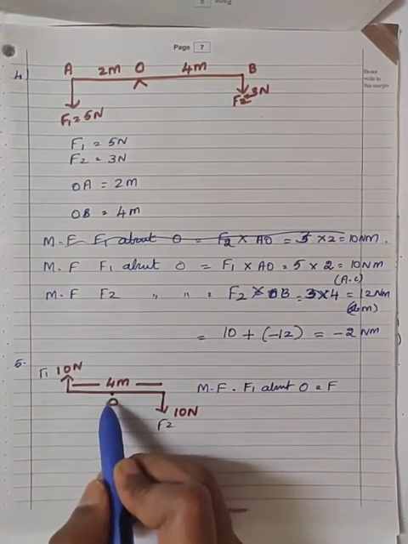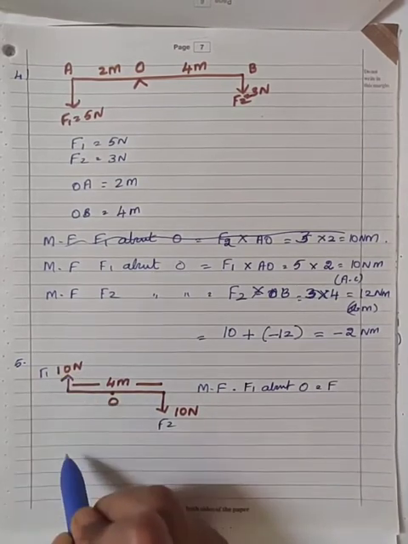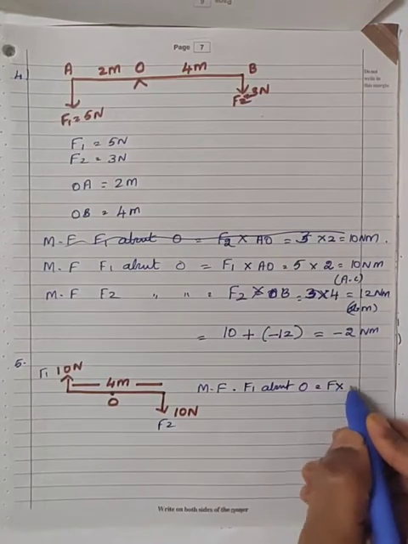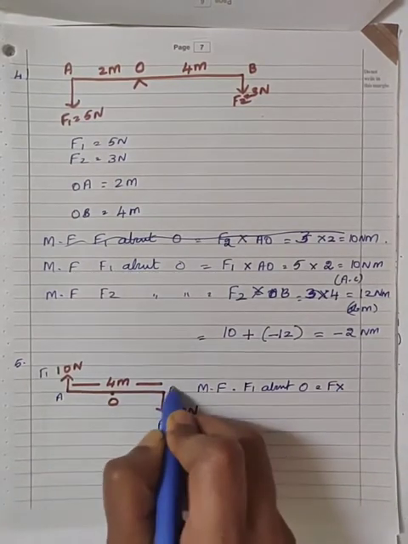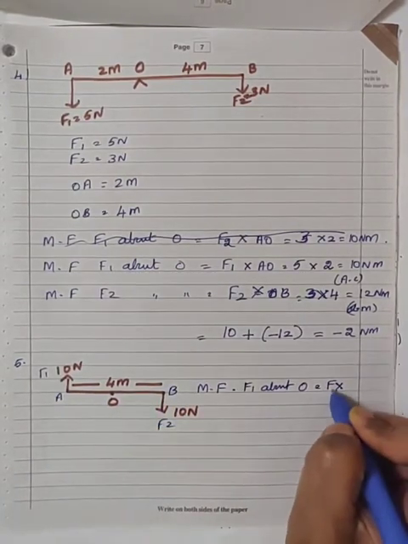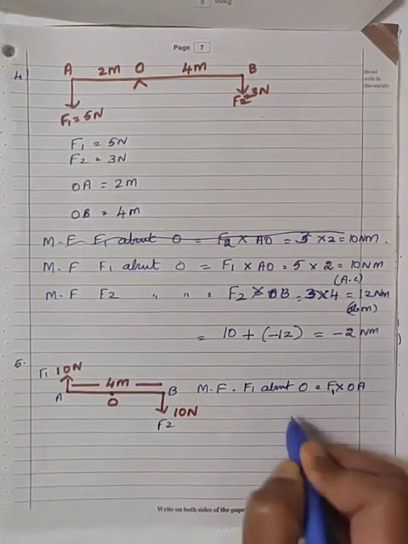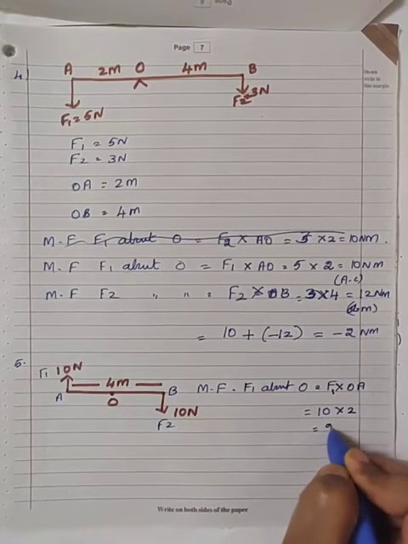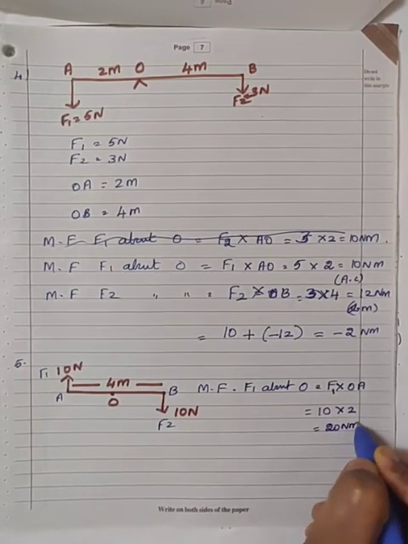But since O is the midpoint, the distance between the line of action of the force and the pivoted point is equal to 2 meter. I write this point as A and this point as B. According to the diagram, it is F1 into OA. F1 is given as 10 Newton. OA is equal to 2 meter, which is equal to 20 Newton meter.